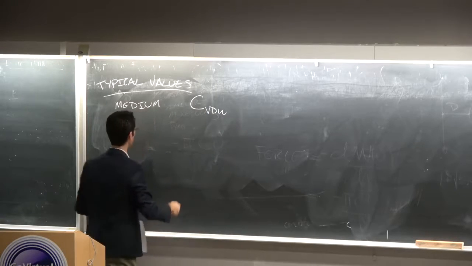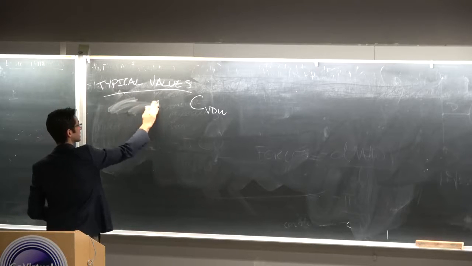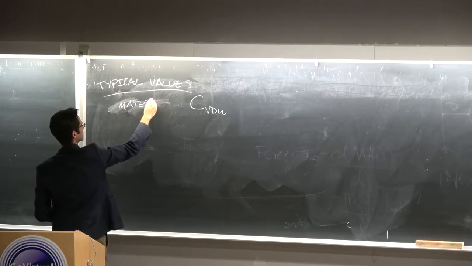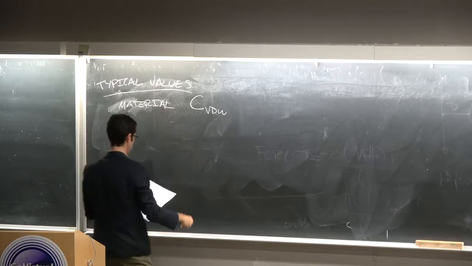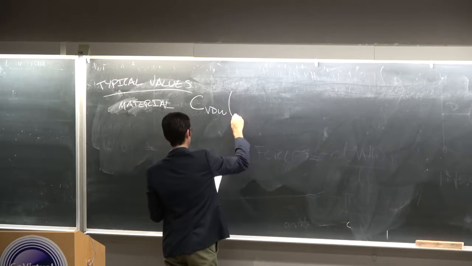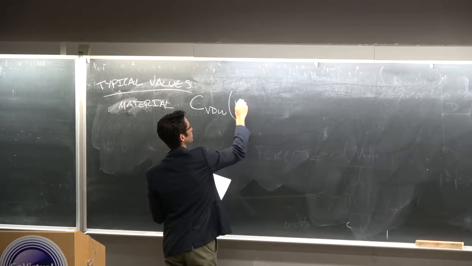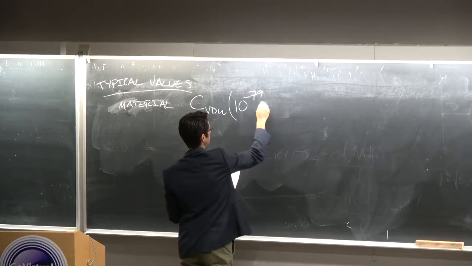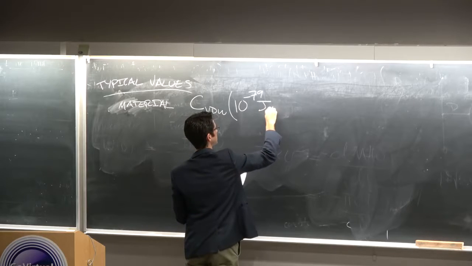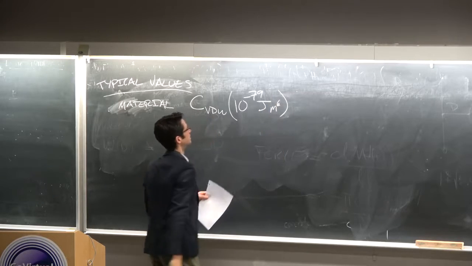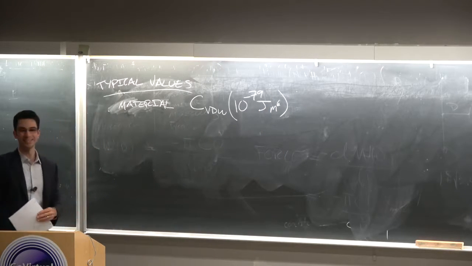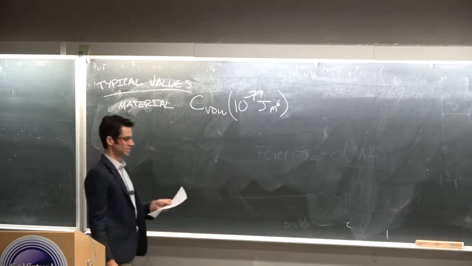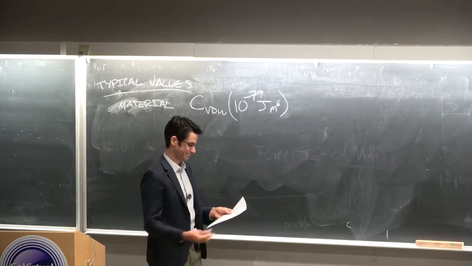Let's call it the material medium. The Van der Waals constant has units of 10 to the minus 79 joule meters to the sixth, just to keep it intuitive.